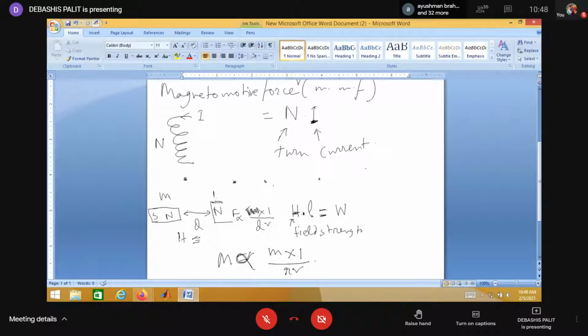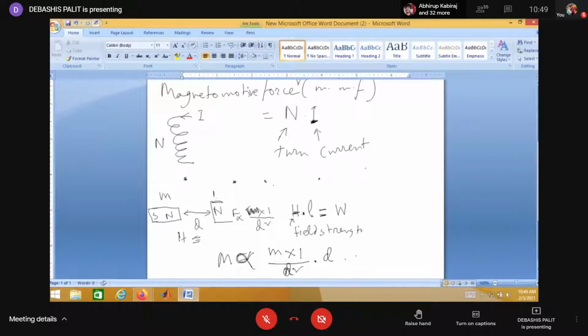Here I am defining it as d, so d square, and if there is a distance d you want to move, ultimately that is proportional to m by d, and the proportionality constant is 4 pi mu 0.